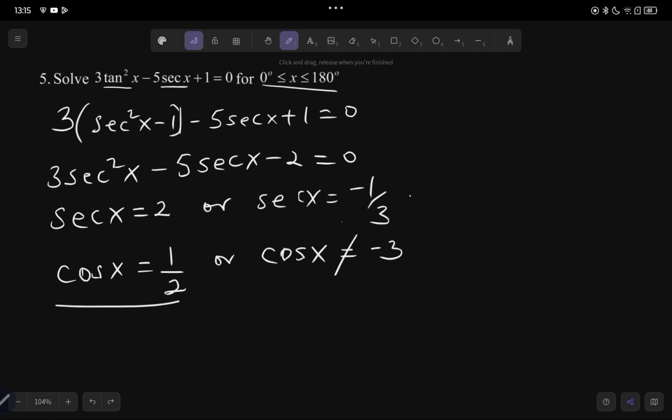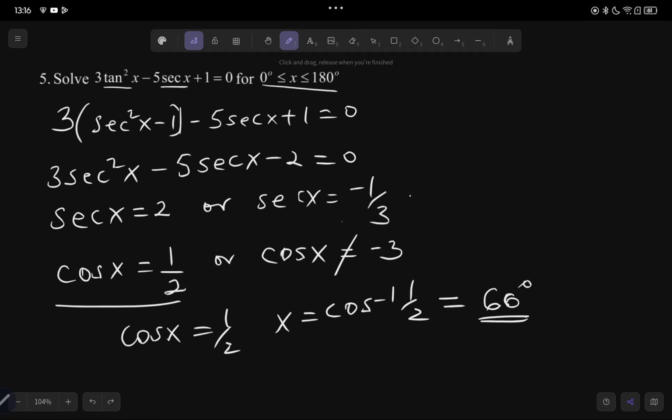So we only concentrate on cos x is equal to a half because cos can't exceed +1 above or -1 below. So x is the cos inverse of a half. This is positive a half, and between 0 and 180 degrees in the first two quadrants, cos is only positive in the first quadrant, which gives us 60 degrees. So the value of x is only 60 degrees.